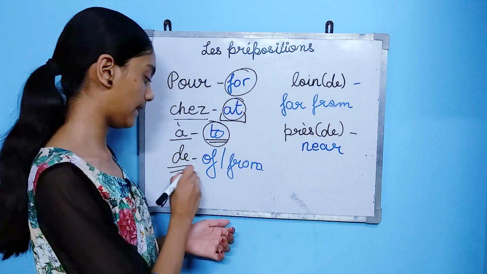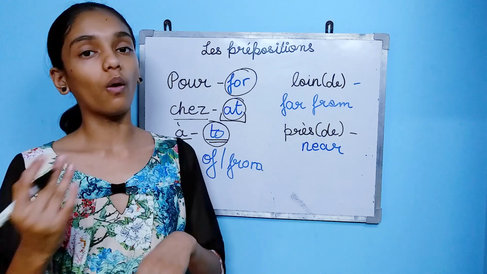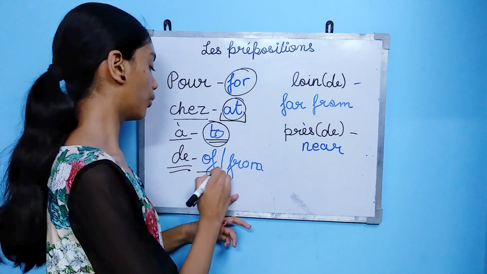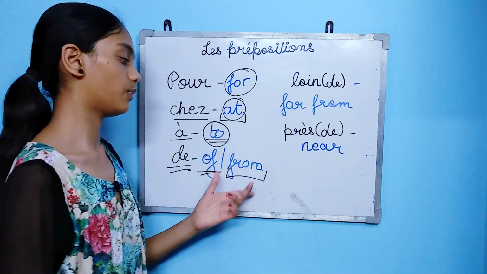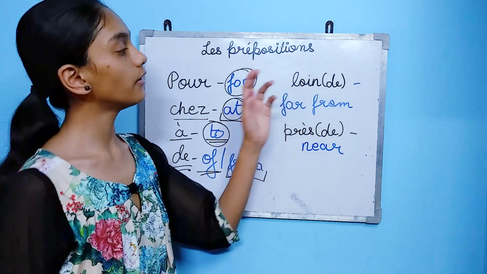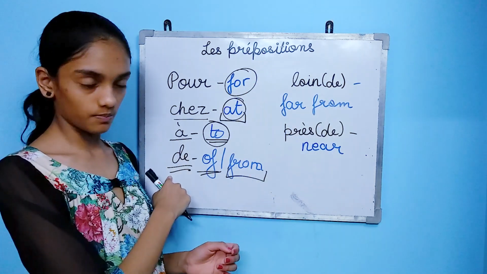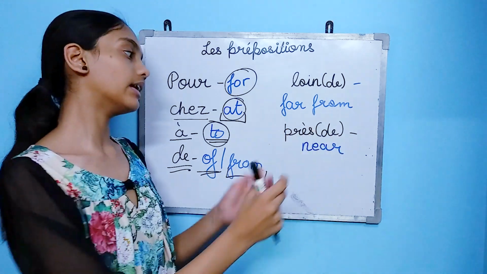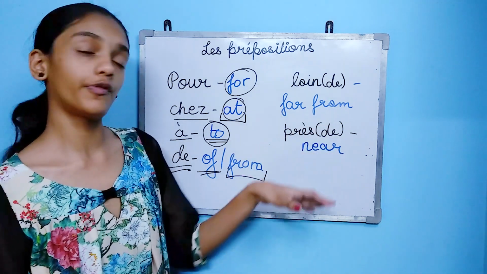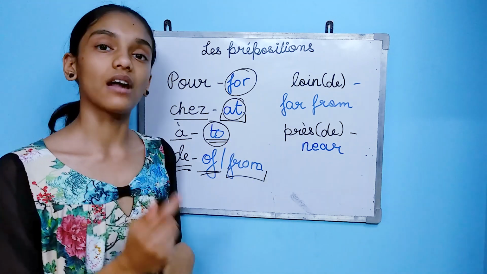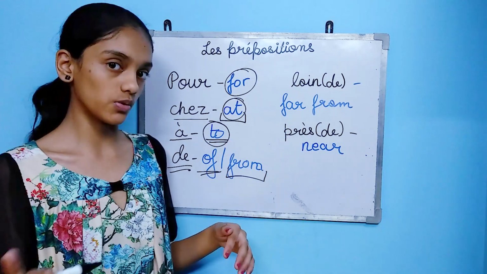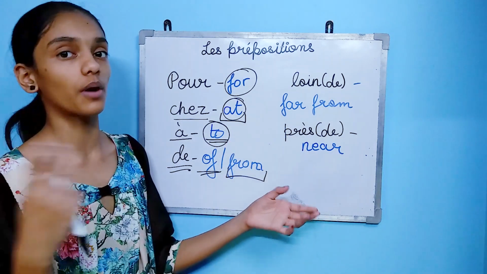Next one is de. De means of or from. Next one, loin de. Far from. Près de. Near to or near from. Like the airport is near my house.